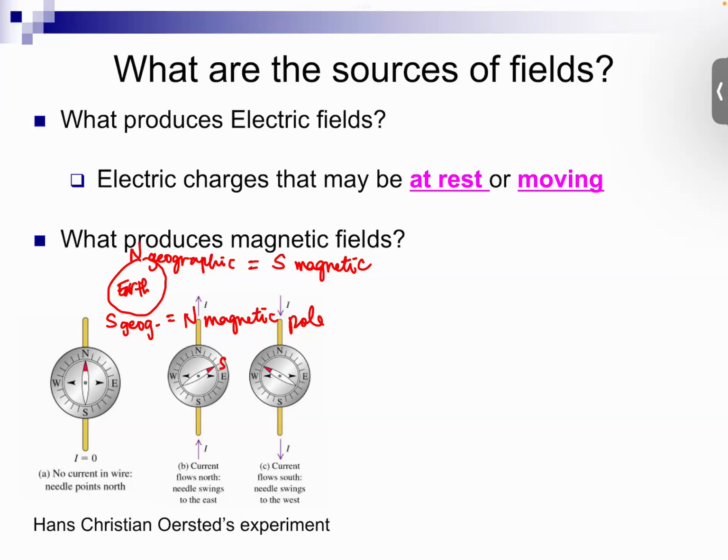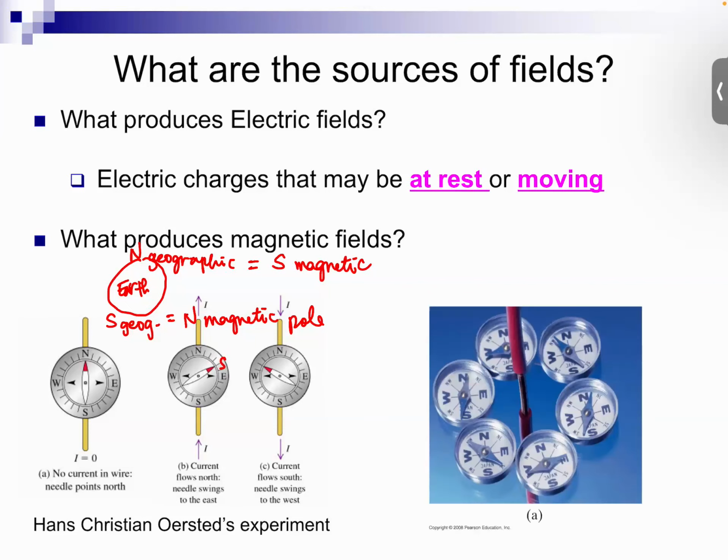Okay, and so Hans Ørsted's experiment showed that since the compass needle is a magnet itself, and since it's deflected in the presence of the current, then there must be some magnetic field that exerted a force on the compass needle.